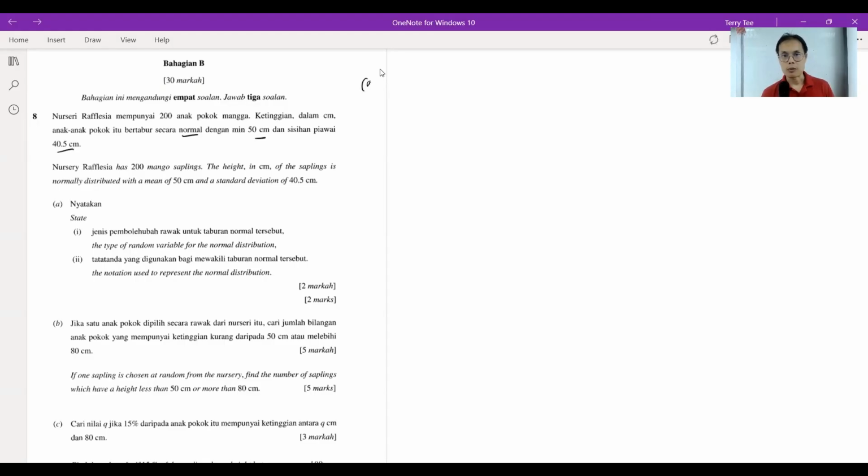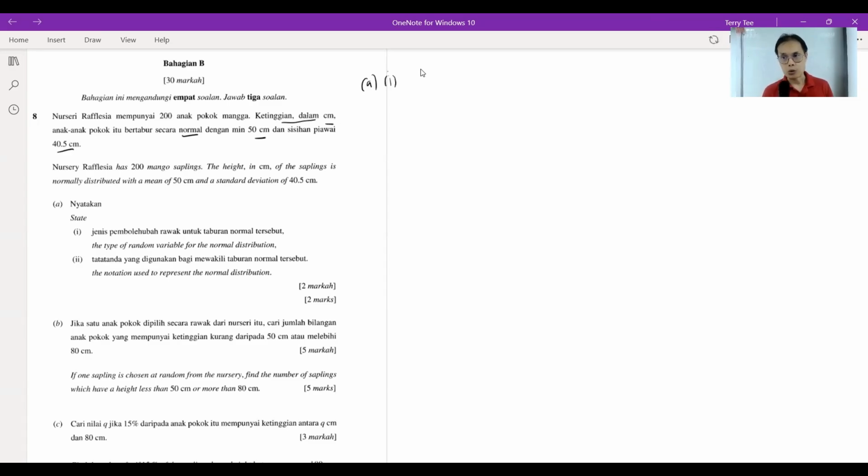So the pemboleh ubah rawak, or the type of random variable, we call it in English, is a pemboleh ubah rawak selanjar, continuous. Because remember, selanjar is continuous for items that are measurable. So length, or in this case, the height in cm, they are measurable.